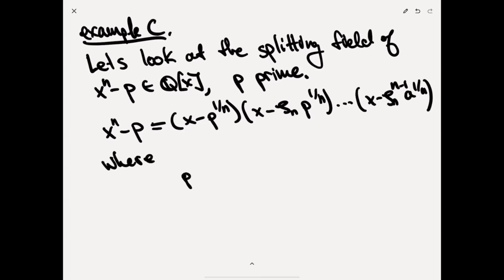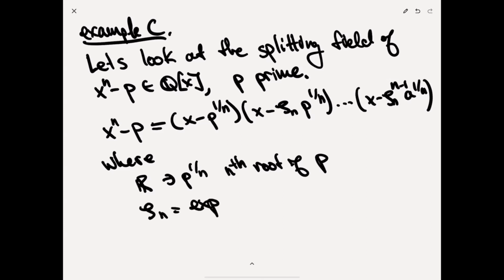So p to the 1 over n is a real number, the real nth root of p, and zeta n is e to the 2 pi i over n.